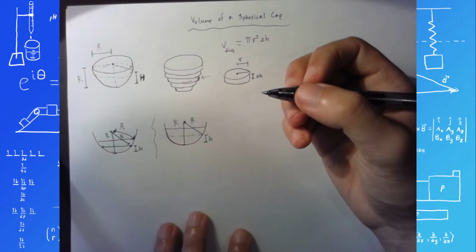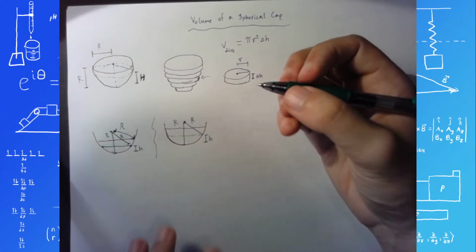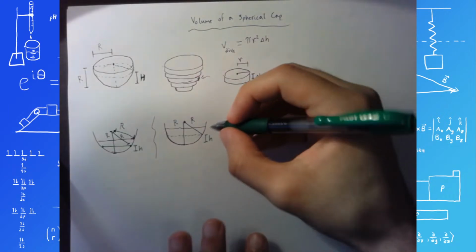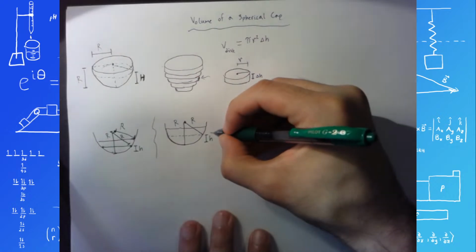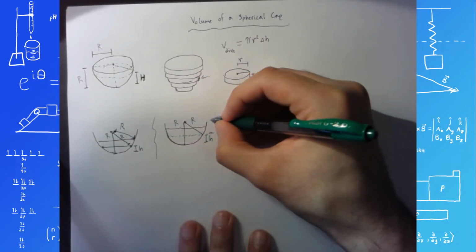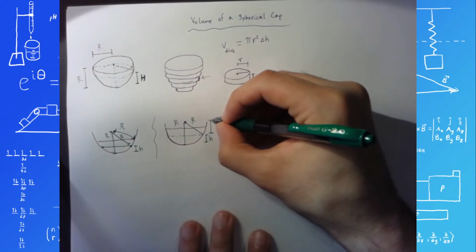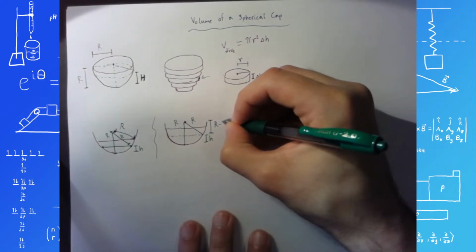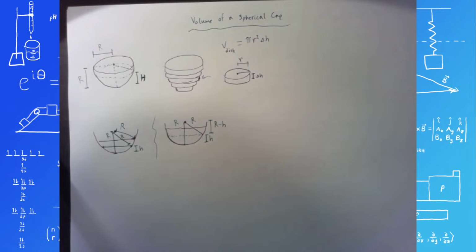And I guess we can also say that this distance from here up to this level has to be big R minus little h.